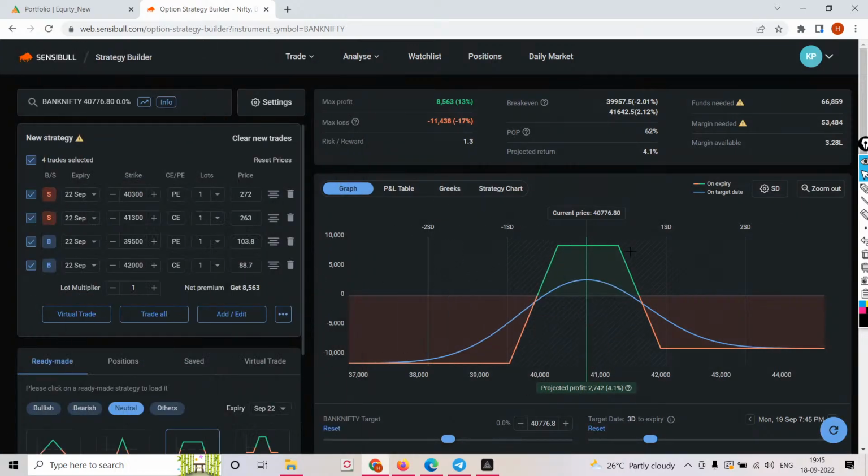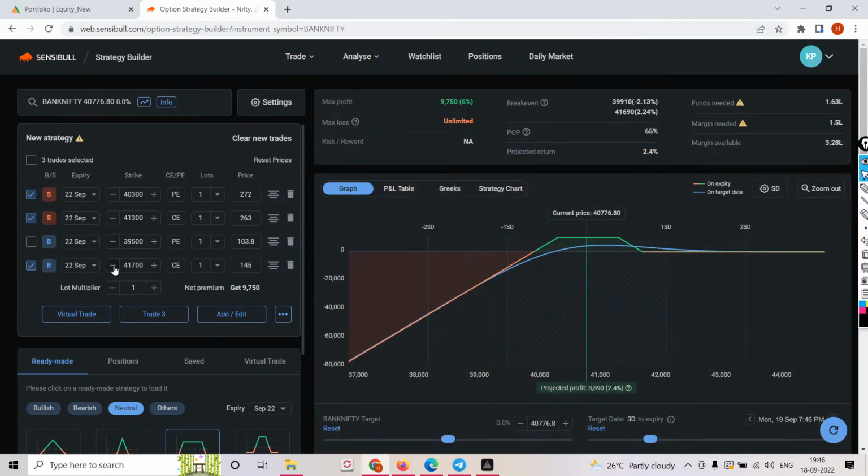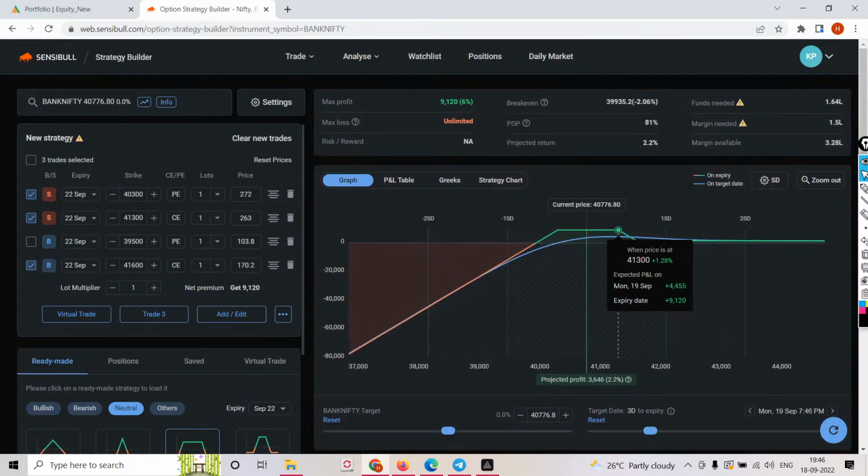So this is your typical iron condor. If you delete this, it will become your jade lizard. Sorry, not this one, my bad. So you have to just play with it. If you have a market view of sideways to bullish, you can deploy the jade lizard.